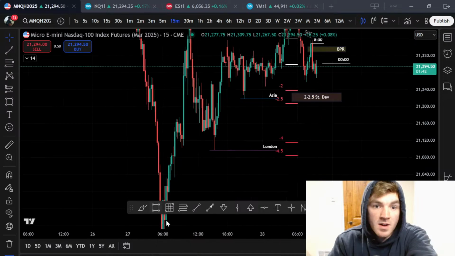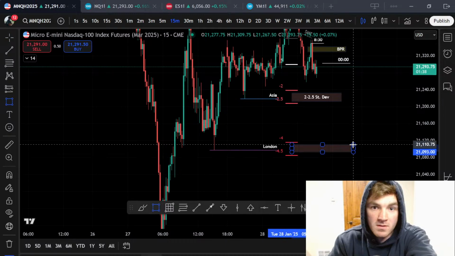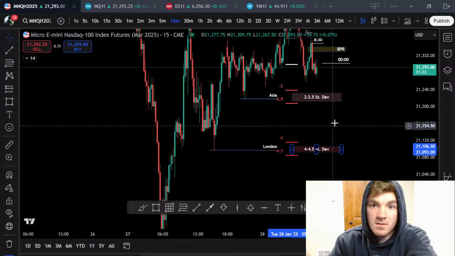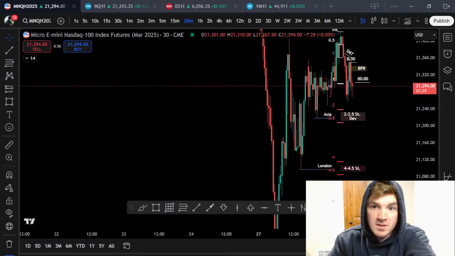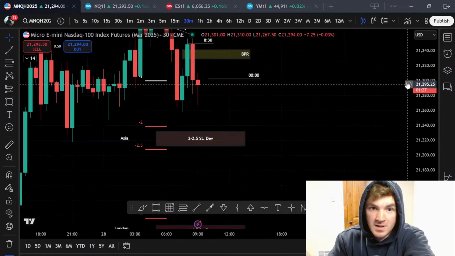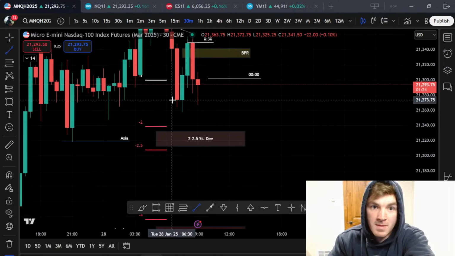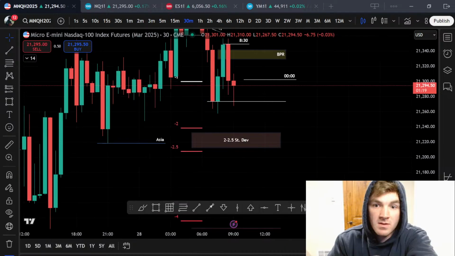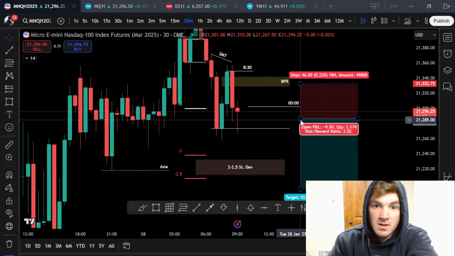It just moves from one draw on liquidity to another, and it doesn't need to be complicated. So yeah, if we close below on this 30-minute, if we get the CISD, I'm gonna enter on that. In about a minute, if we were to get that, then I would take it, but I don't know if we'll get it, to be honest.